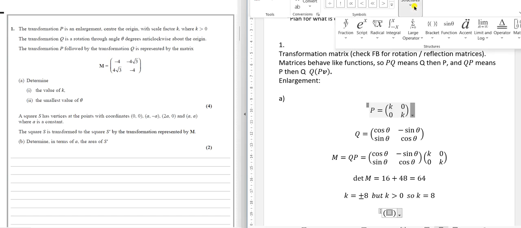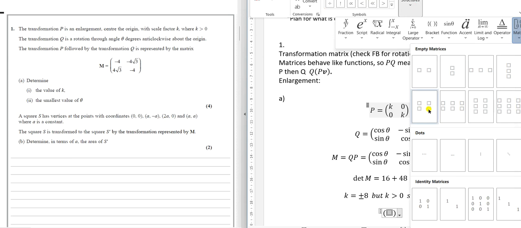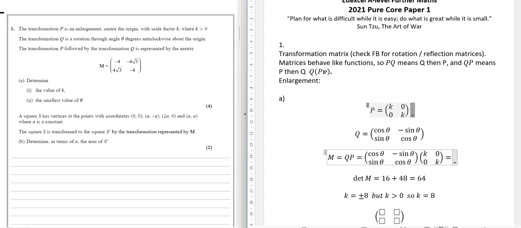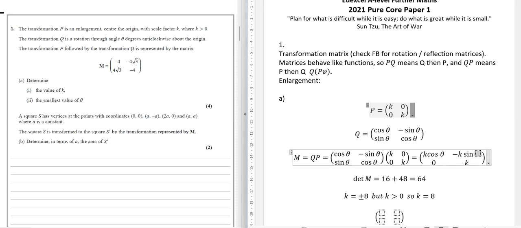And that means that when I write down my matrix, I can make use of that, and it'll make it a lot easier to work out what the value of theta would be, because I already know the value of k. So if I multiply these two matrices together, I'm going to get, not quite this, but I'm going to have k times cos and then nothing. For the next bit, nothing, and then minus k times sine theta. So minus k sine theta will go there.